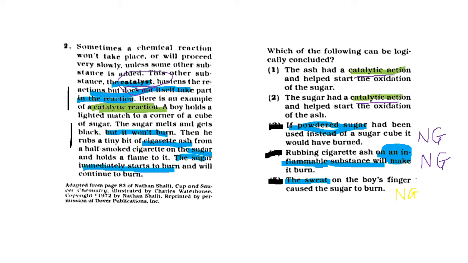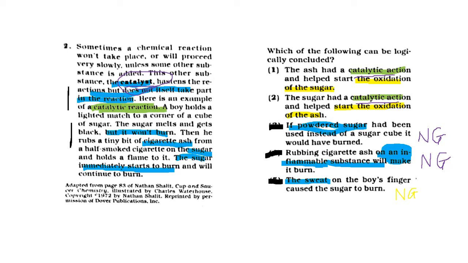Number 1, the ash had a catalytic reaction and helped start the oxidation of the sugar. Oxidation means burning, combining with oxygen. Or the sugar had a catalytic reaction and helped start the oxidation of the ash. Now, catalytic reaction means does not change.